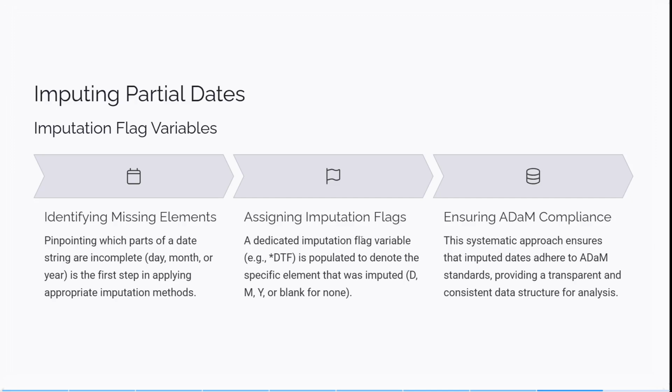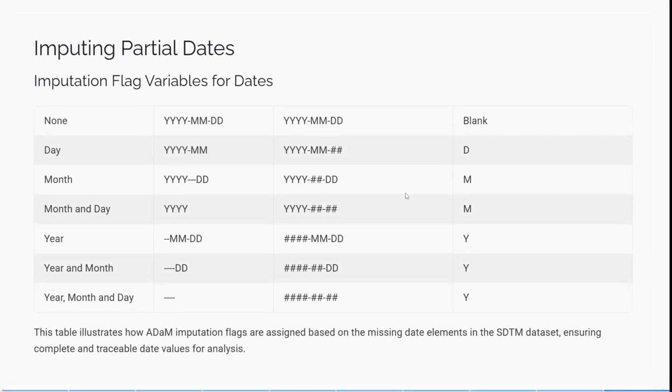So we have to create a flag here. This ensures ADaM compliance: this systematic approach ensures that the imputed date adheres to ADaM standards, providing a transparent and consistent data structure for analysis. So you should follow ADaM compliance. Here you can see, for example, the day is missing. This is a partial date.